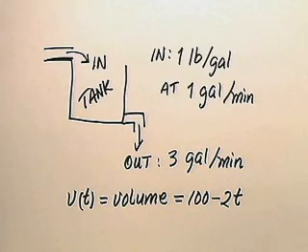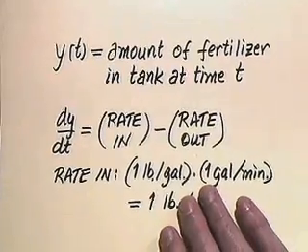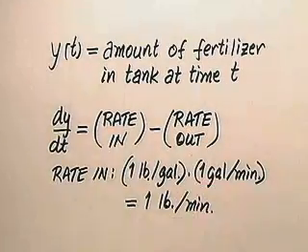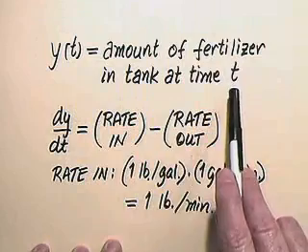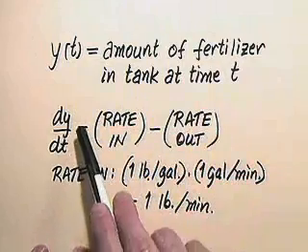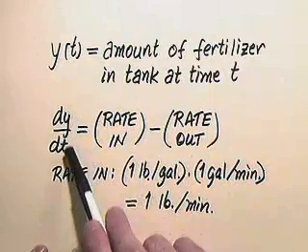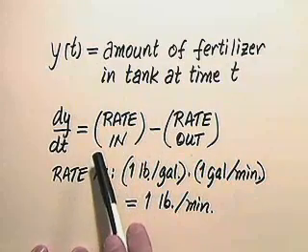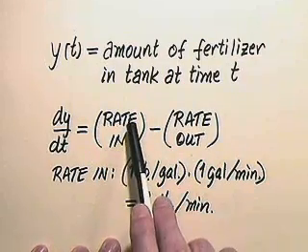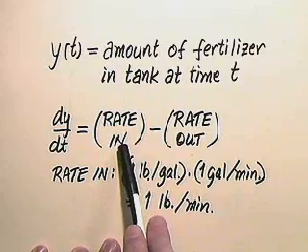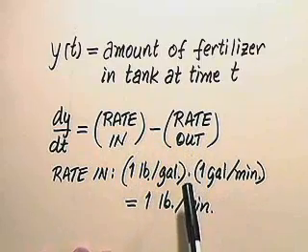Now what we need to write down is a symbol for the amount of fertilizer in the tank at time t. So I'll let y of t be the amount of fertilizer in the tank at time t. And so what we know is that dy/dt, that's the net rate of fertilizer going into the tank, is the rate that it goes in minus the rate that it goes out.